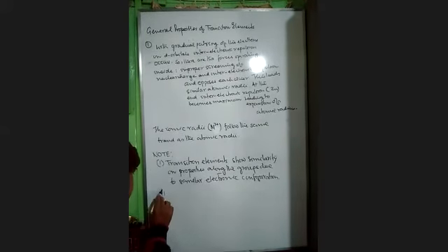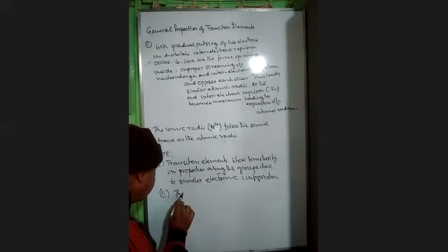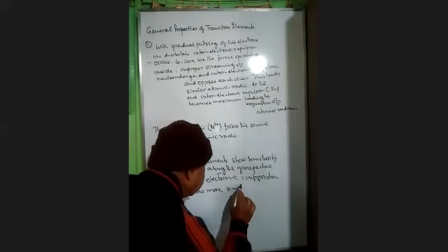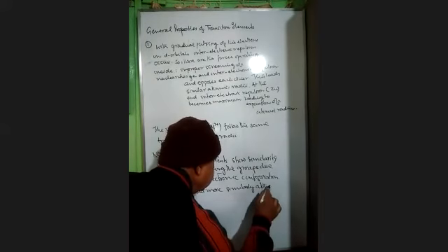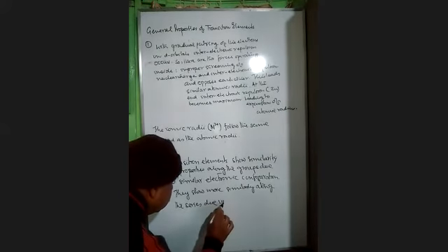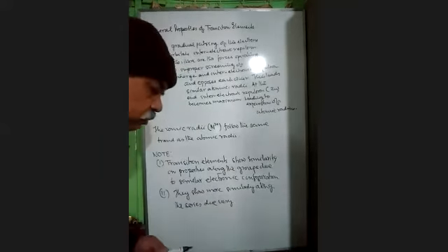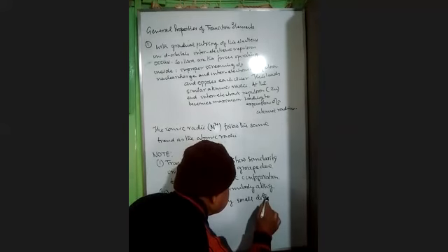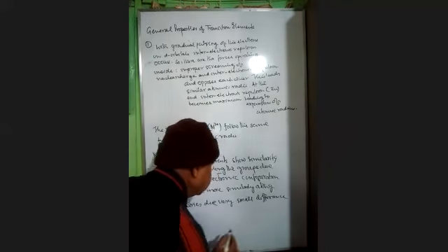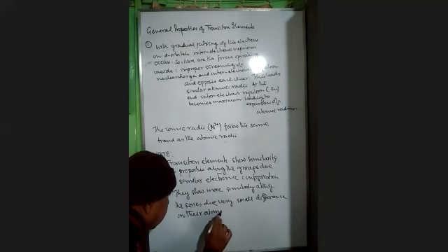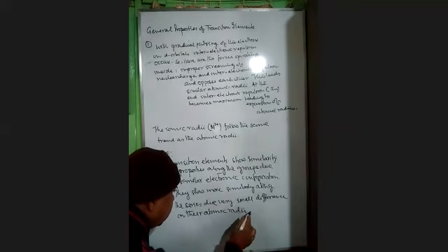Second, they show more similarity along the series due to very small difference in their atomic radii. This is a unique property of transition elements.